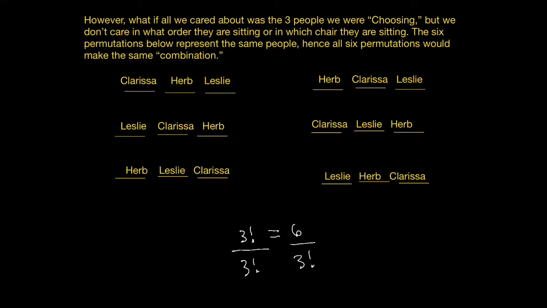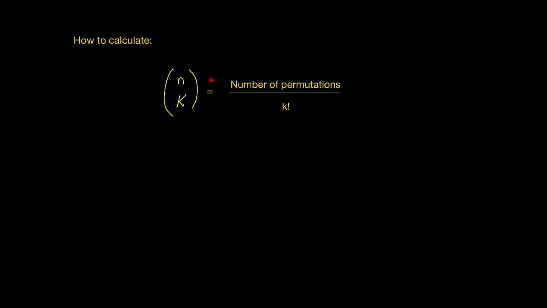So here we have 6 over 3 factorial, but that's 6 over 6, and we have 1 possible combination. So basically dividing by that k factorial helps us eliminate all possible repeats. Because remember, if we don't care about the order, this combination should be the same as this one. So here, that's how we calculate combinations.